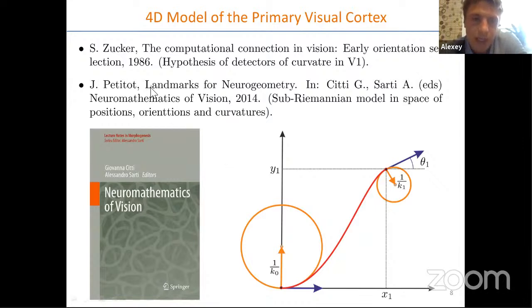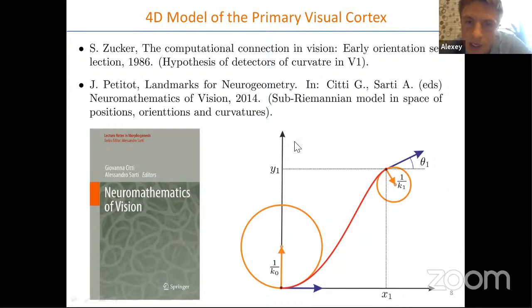And then in the book Neuromathematics of Vision, in the chapter by Jean Petitot, Landmarks of Neurogeometry, he presents a system whose interpretation has a fiber-type structure, and where the curvature is taken into account.